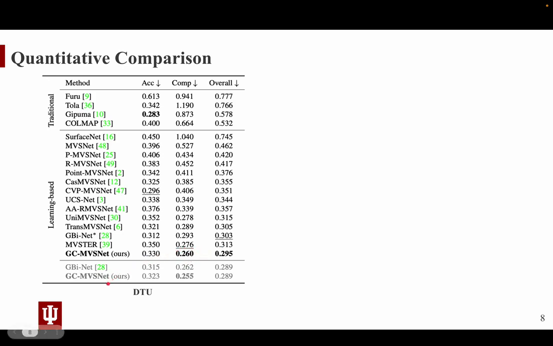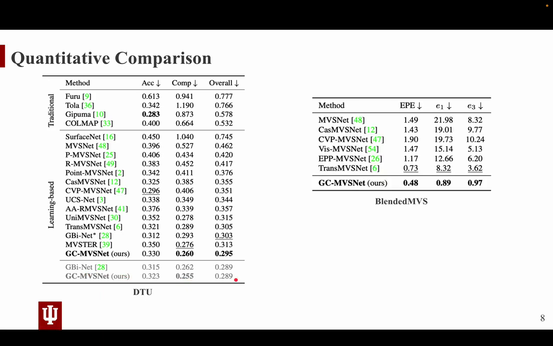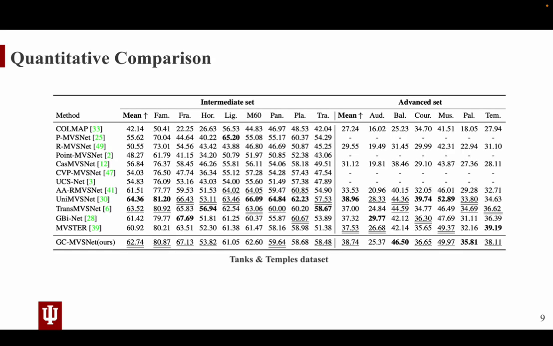Second is using scene-specific hyperparameters, which is followed by GBI-Net, and we produce similar results as GBI-Net. On Blended MVS, which does the depth map to depth map comparison on three different metrics, we produce the best results in all these metrics. It shows that our depth maps are more accurate and closer to the ground truth estimates. On Tanks and Temples, which does point cloud to point cloud comparison, we produce very competitive results on both intermediate as well as advanced sets.